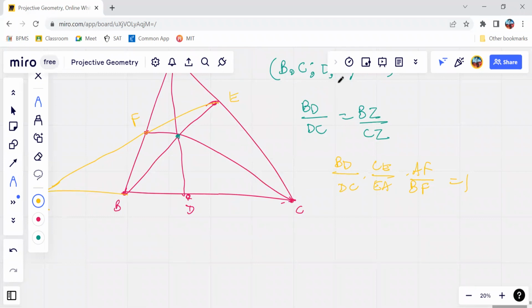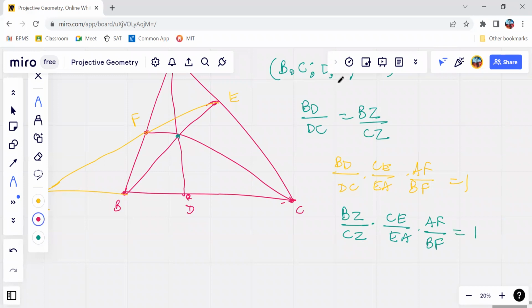But also E, F, Z are collinear and they lie on corresponding sides. So by Menelaus, we also have that BZ by CZ times CE by EA times AF by BF, the same kind of pairs only.